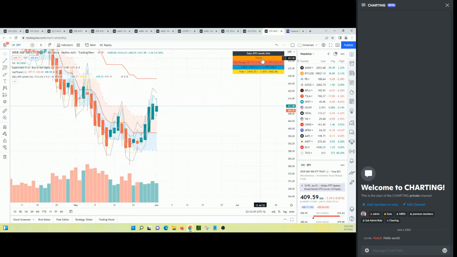So this color means down. The ATR level for SPY historically is $10.07. In this day, it's traded $9.31, so it's traded 92.5% of its total average true range.